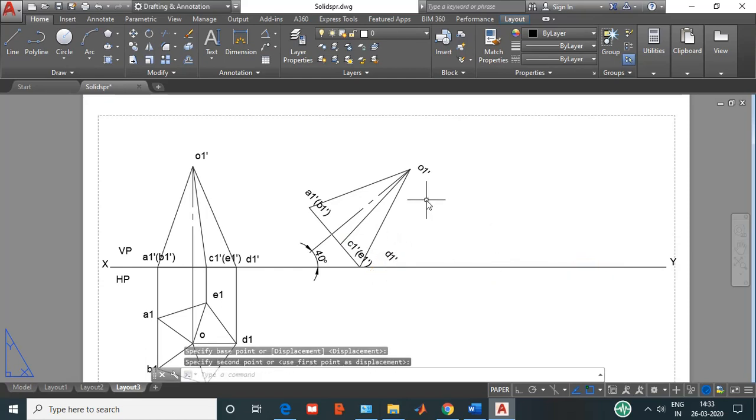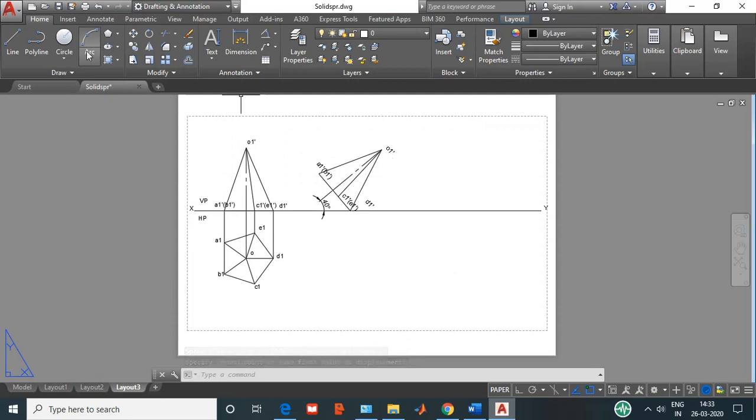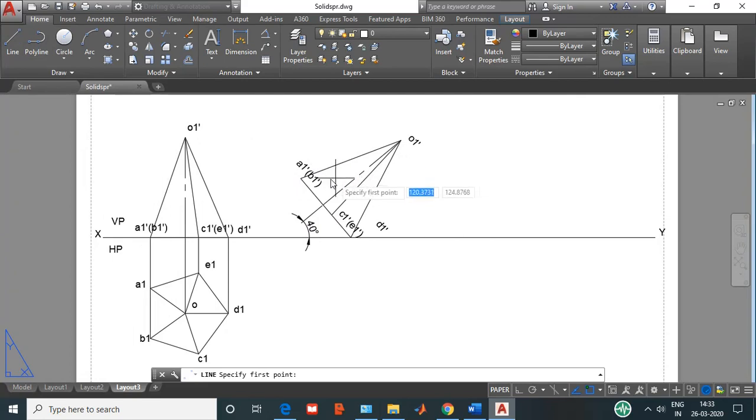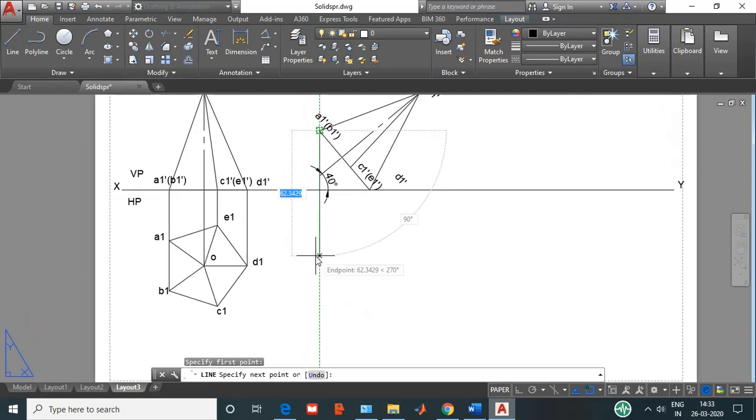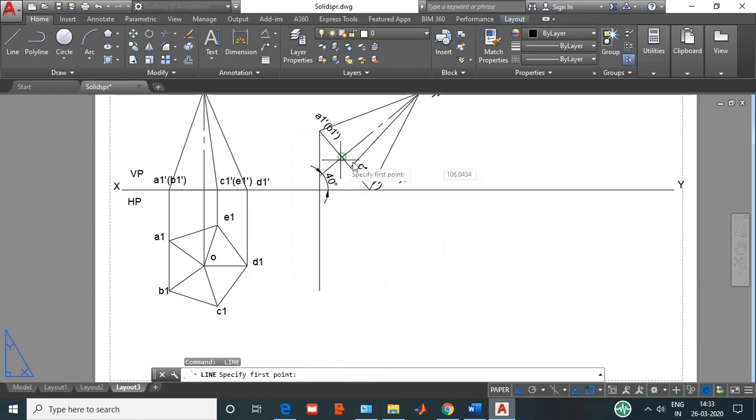Now to this I need to do the top view projection. Let us start with the top view projection. Projection will be simple here as we have only one single base. I'm starting from here. A and B will come till here. This line will have C and E, which will come till here. This line will have D, which will come till here.